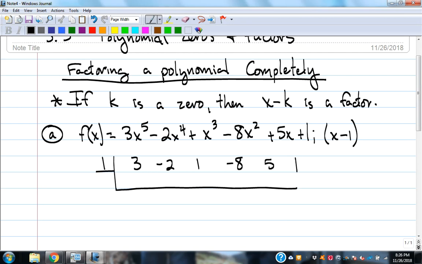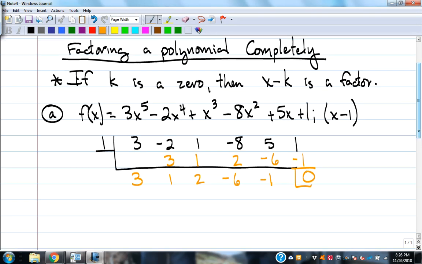So drop the 3 down, multiply, add. What do you know? That tells us that x minus 1 is a factor.